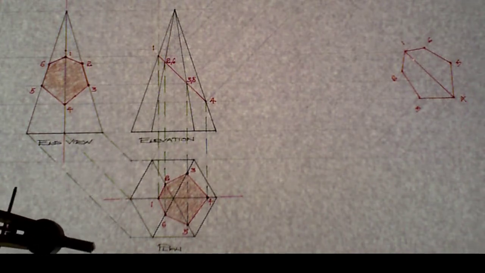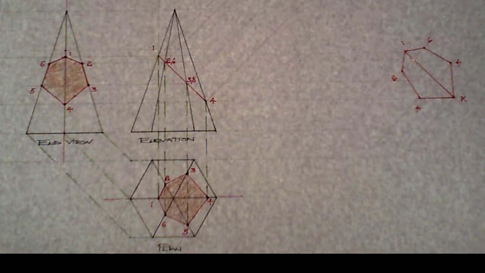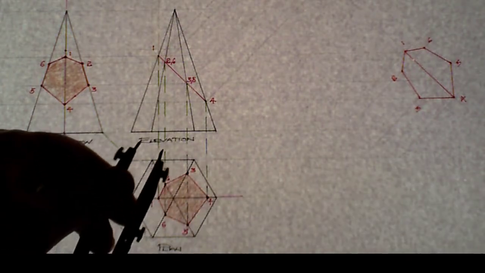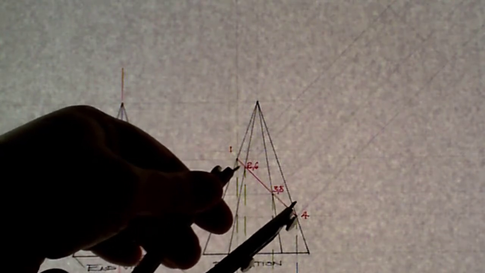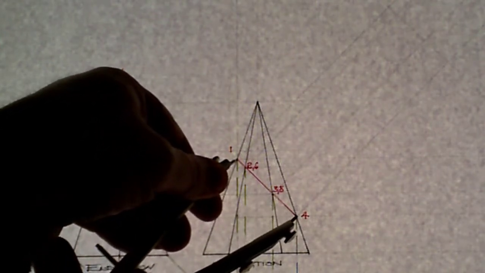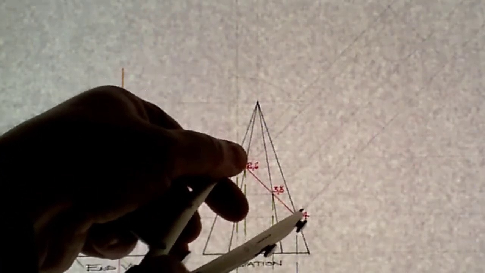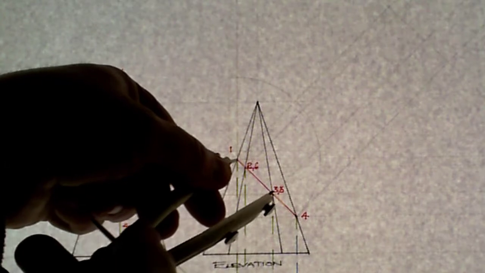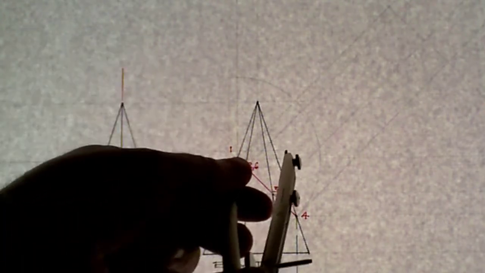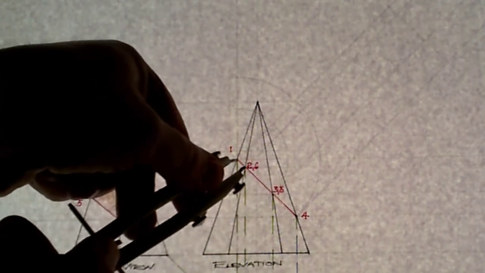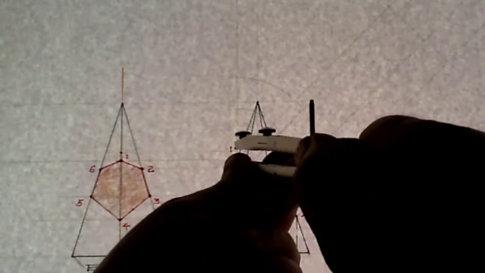So again, if I show you here on the elevation, I simply, using point 1 as a swivel point, I can bring points 4 around to the vertical, points 3 and 5 around to the vertical, and points 2 and 6 around to the vertical.